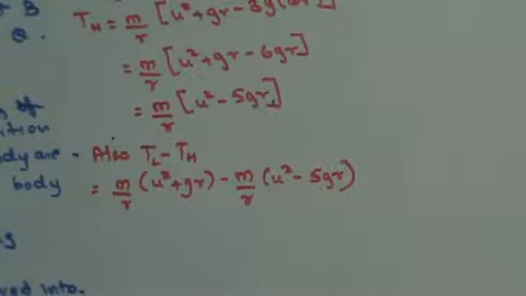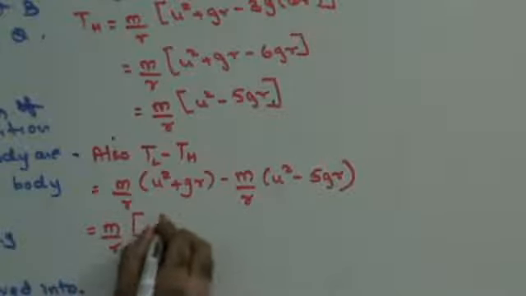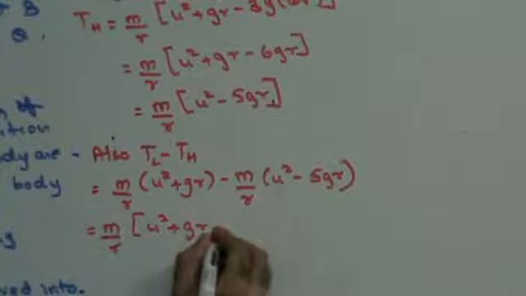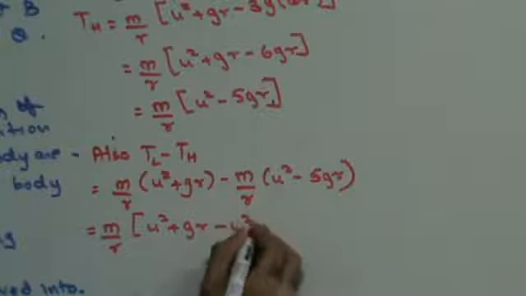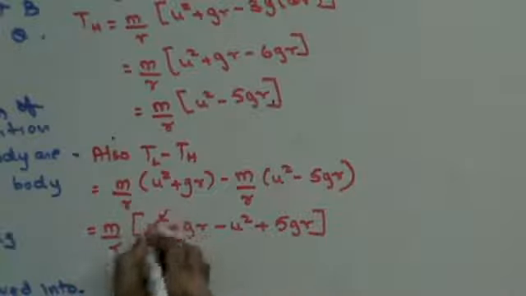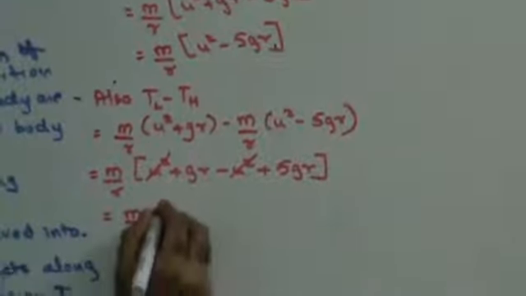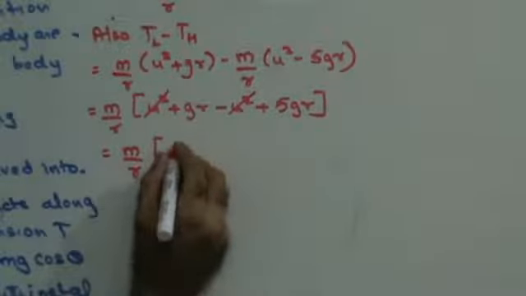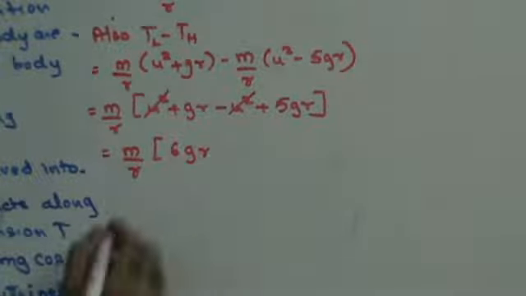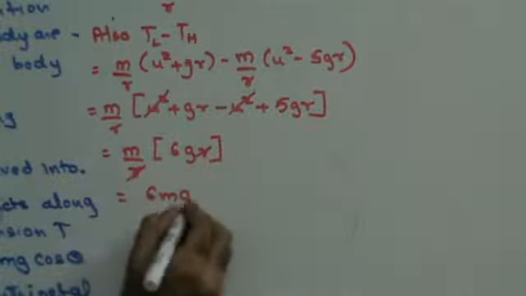M upon r I can take common, so this will be u square plus gr minus u square plus 5gr. So u square and u square get cancelled, so this is going to be m upon r into gr plus 5gr, that is 6gr, but r and r get cancelled, so 6 mg.